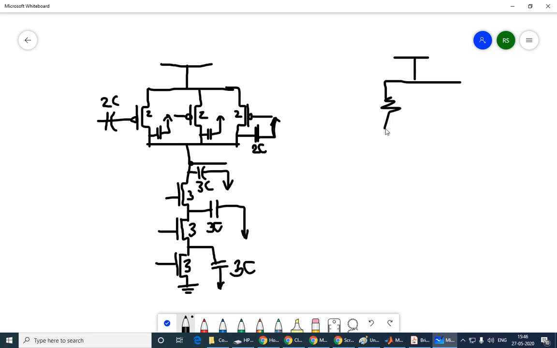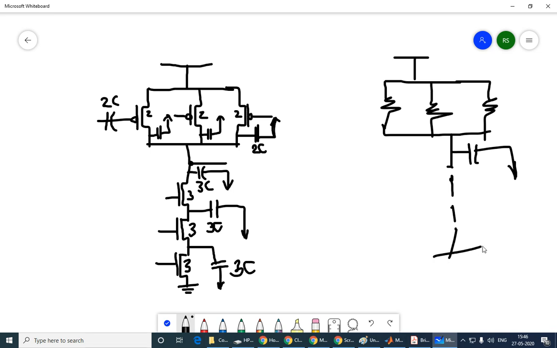Conducting, conducting, and this is also conducting, and only the output capacitance is charged. All the others are open circuit. This is the open circuit, open circuit, and the next one is also open circuit connected to ground. So 1 2 3, yeah. So this is the best case.